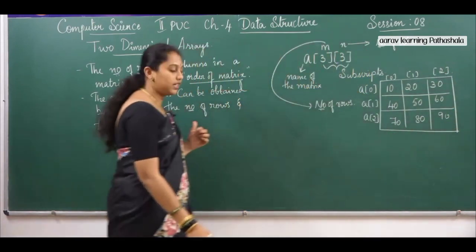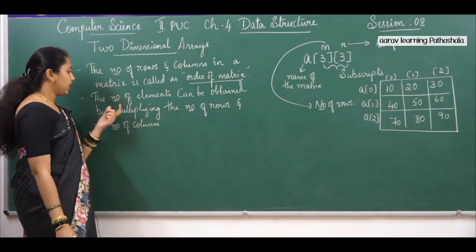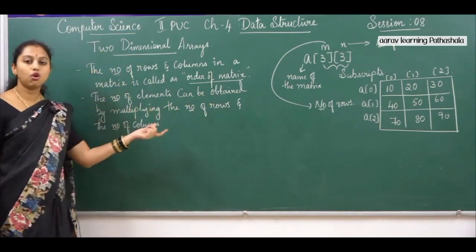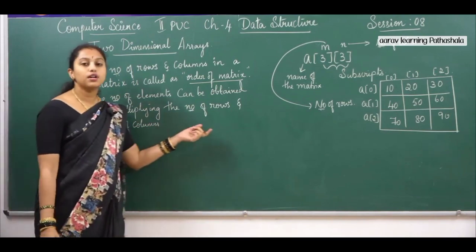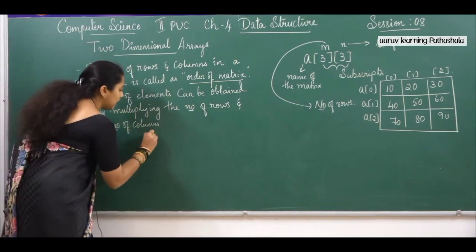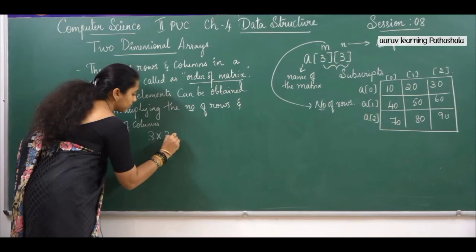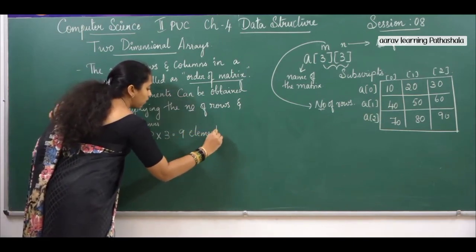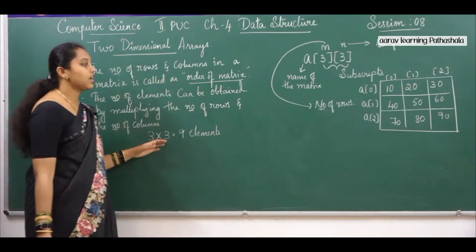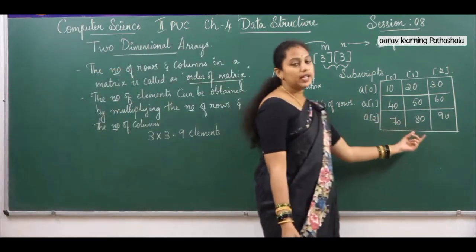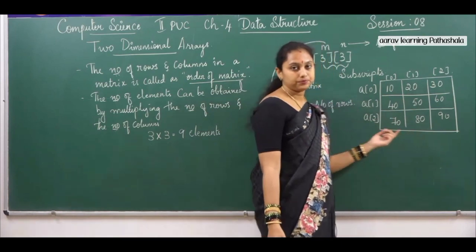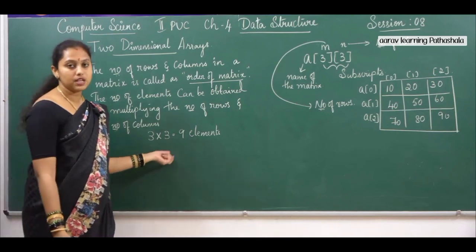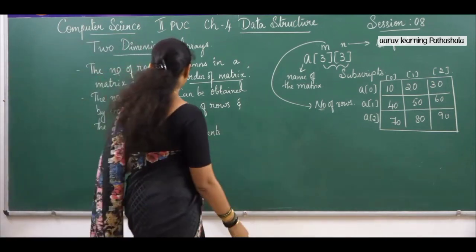How to calculate the number of elements in a matrix? It can be obtained by multiplying the number of rows and the number of columns, that is 3 into 3. 3 threes are 9. So in A of 3 cross 3 matrix, I can store 9 elements. This is how we can calculate the number of elements in a matrix.